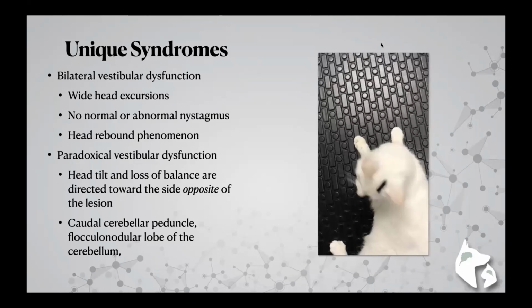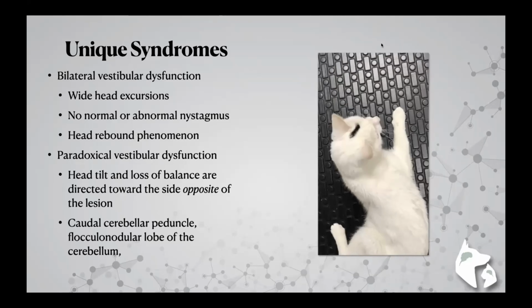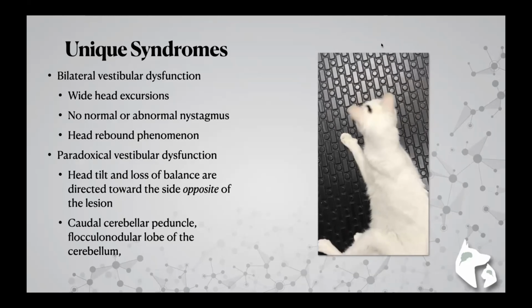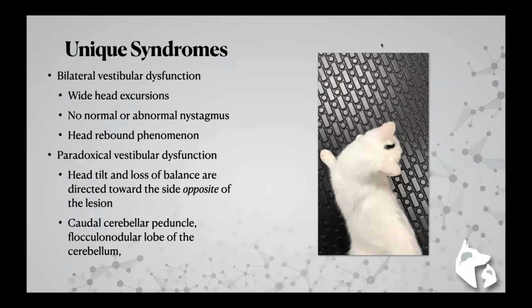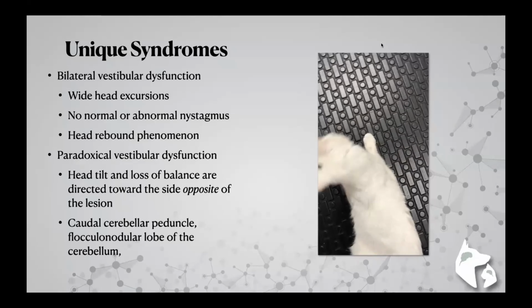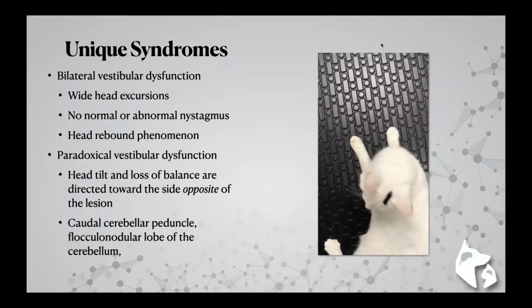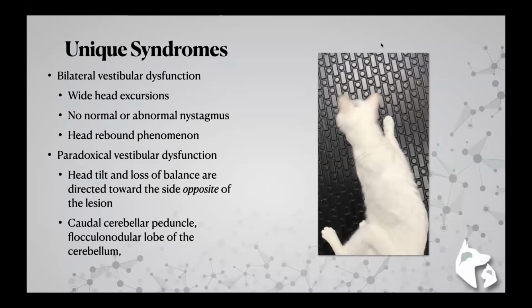If you have bilateral vestibular dysfunction, your brain is not receiving any input from either vestibular system, okay? Which means it can no longer coordinate the movement of your eyes. So you will not find a normal or abnormal nystagmus with bilateral vestibular dysfunction, because there's nothing for your brain to base it off of.